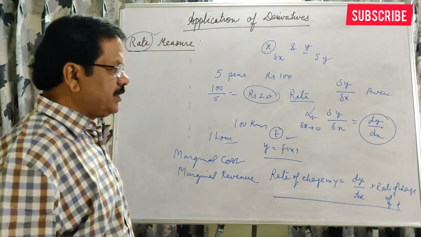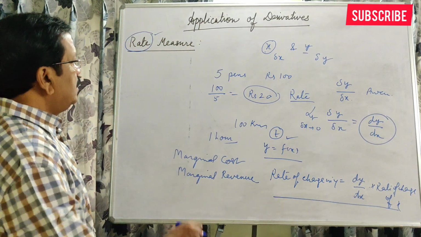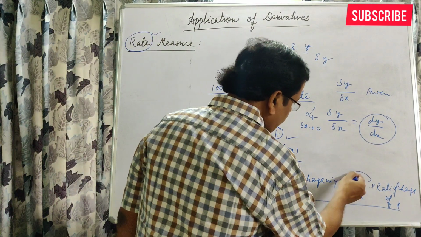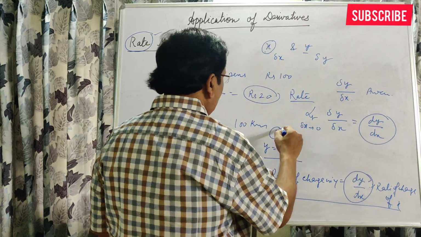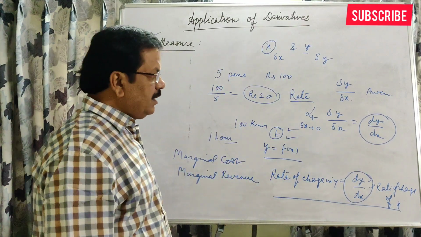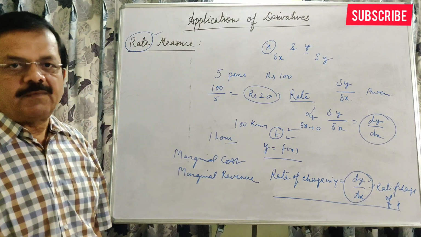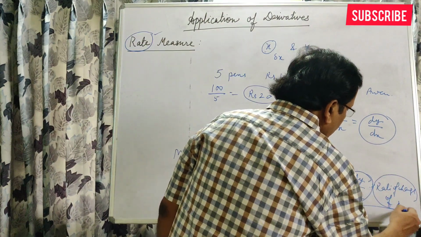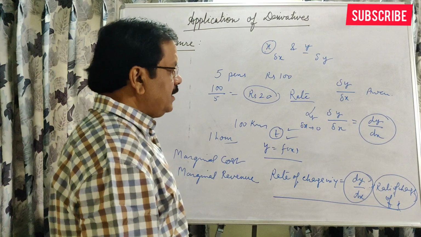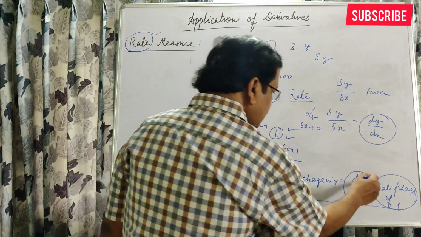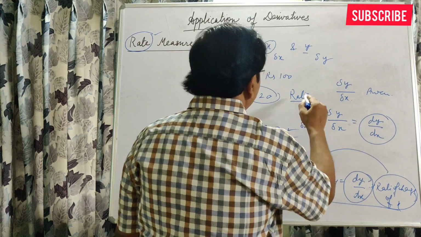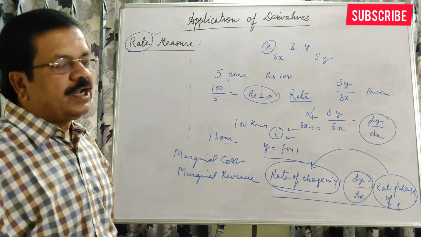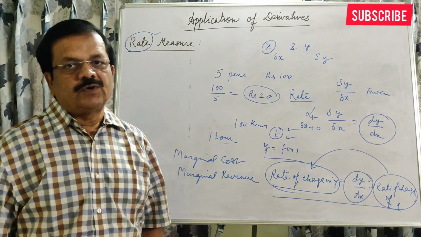For solving the questions, we should change the given equation into two variables so that we can find dy by dx. If there is a third variable in the form of a parametric function, that is a different thing, but ultimately we will find dy by dx. If there is a change in x, then keeping in mind the relation, what is the change in y? This will become more and more clear whenever we solve the questions.